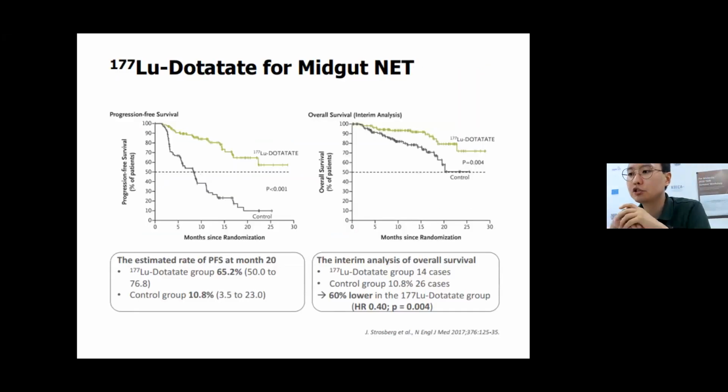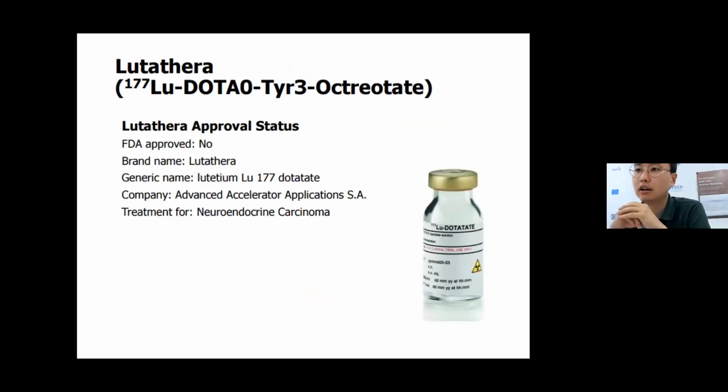From the clinical trials, the phase 3 NETTER-1 trial showed a high efficacy of lutetium DOTATATE for PFS and also overall survival. With this clinical trial data, it got approval from the FDA in 2018.